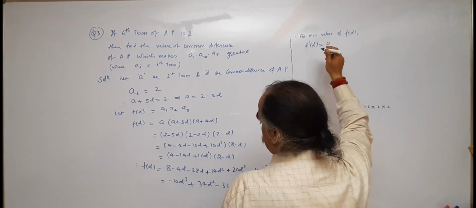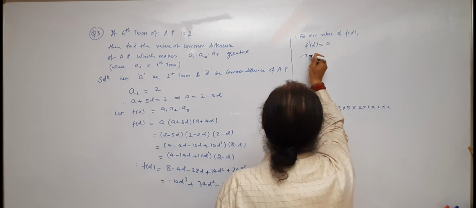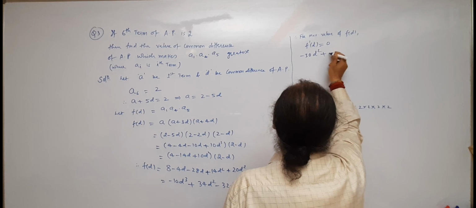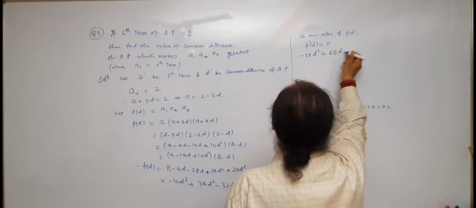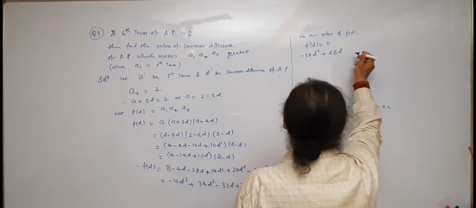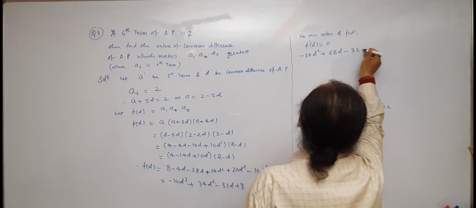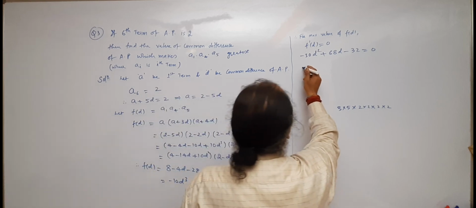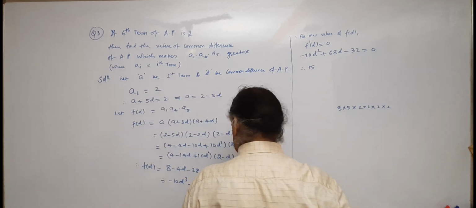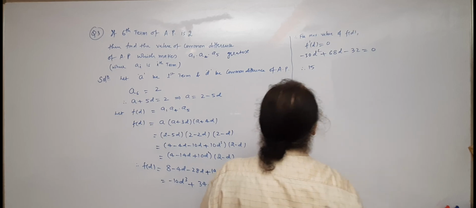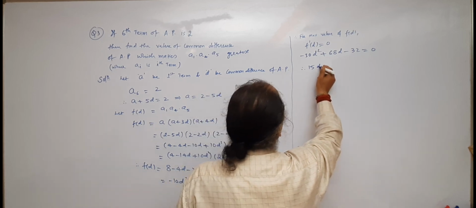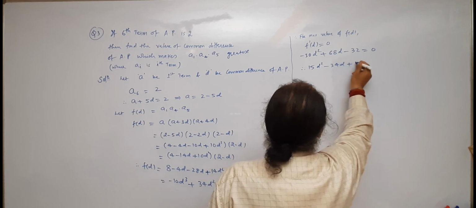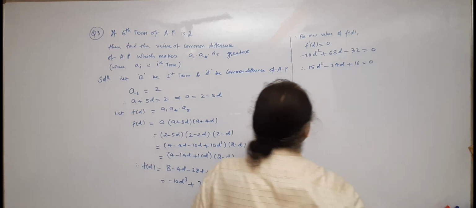Minus 30 D square plus 68D minus 32. Divide by 2. So 15D square minus 34D plus 16 is equal to 0.